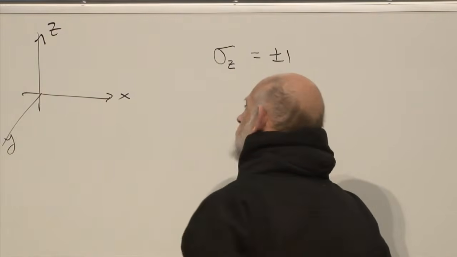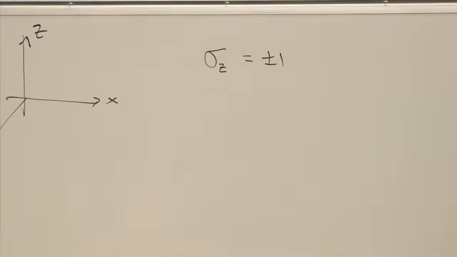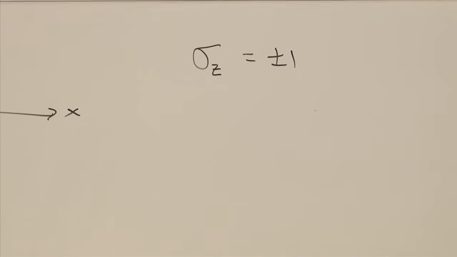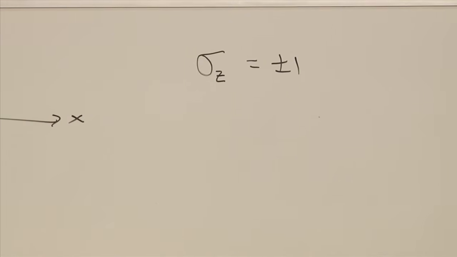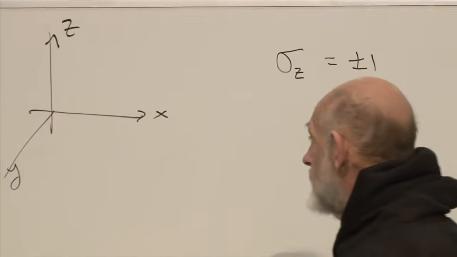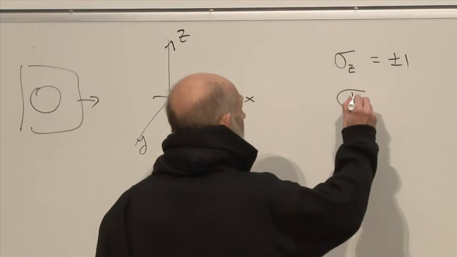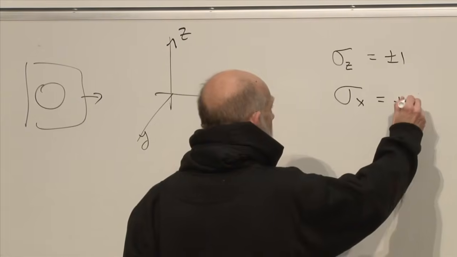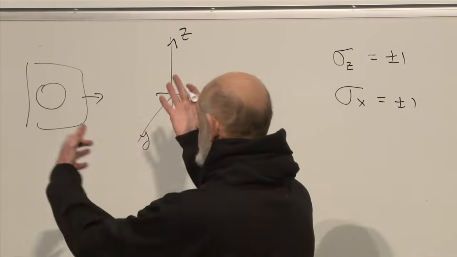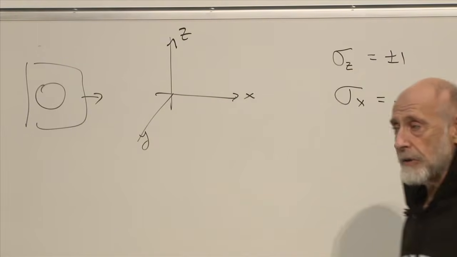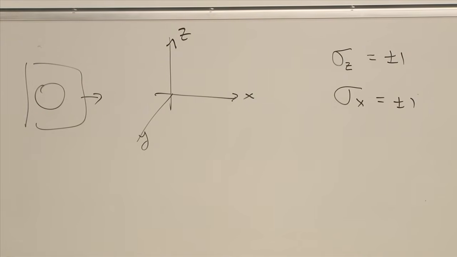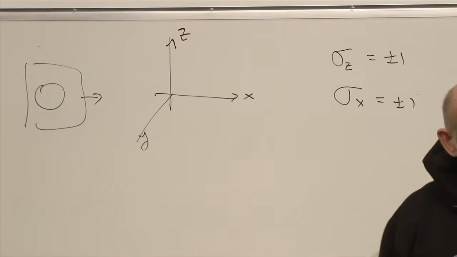The same thing happens when we turn the apparatus on its side and we measure the same procedure. We measure something that we can now call sigma x, and sigma x is always ±1. And the same thing if we turn the apparatus around so that it's facing frontward. In fact, no matter what direction we orient the apparatus, it always gives us ±1.